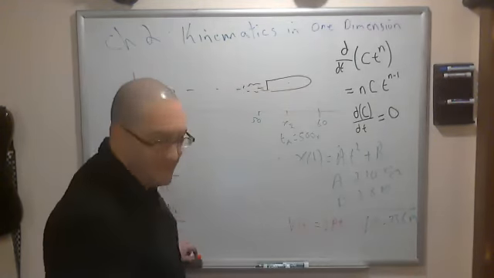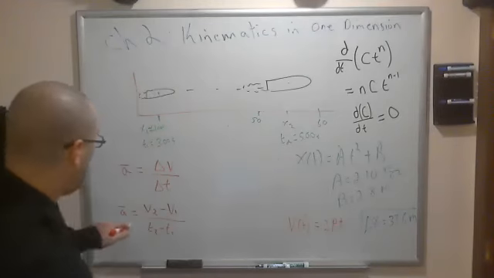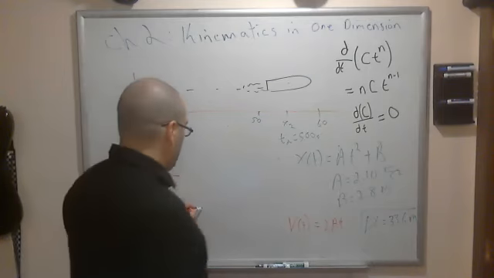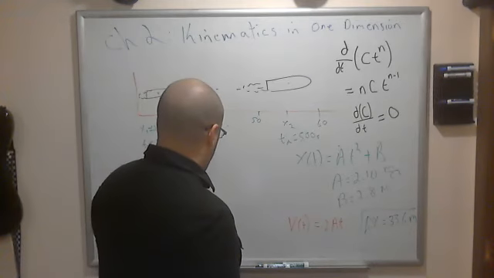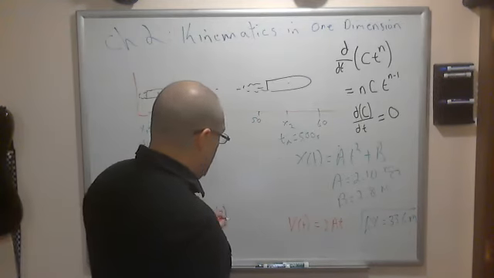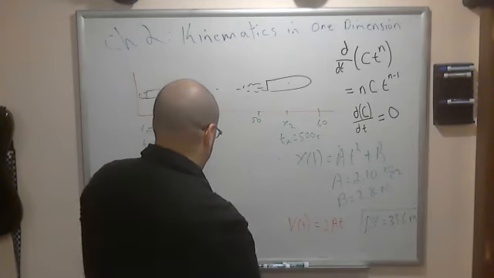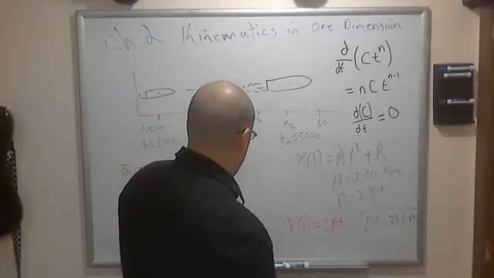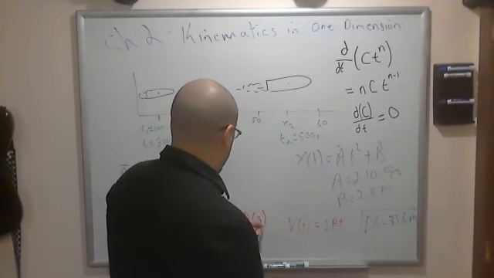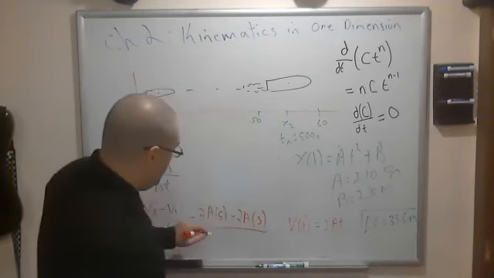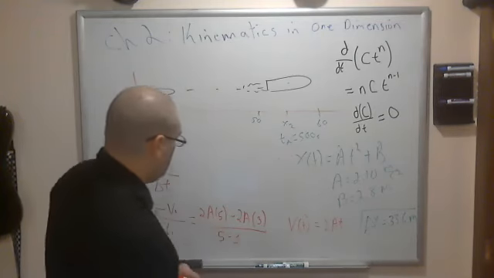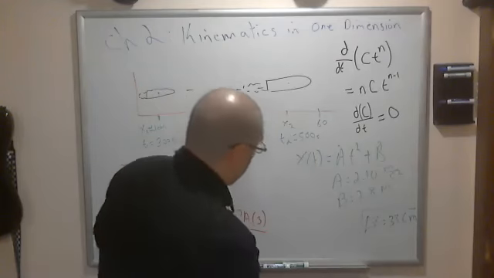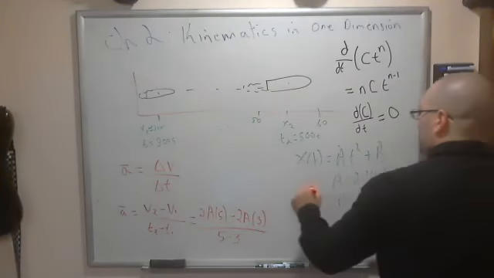But anyway, so we have this. Let's calculate the velocity for each time. So this is a over 2 at 3, or I'm sorry, at 5, minus a over 2 at 3. And then we have this, right?